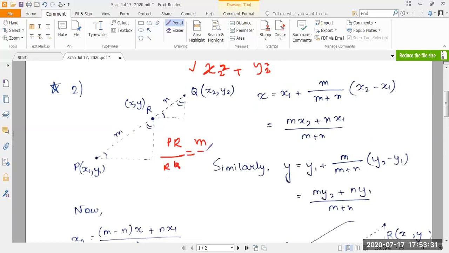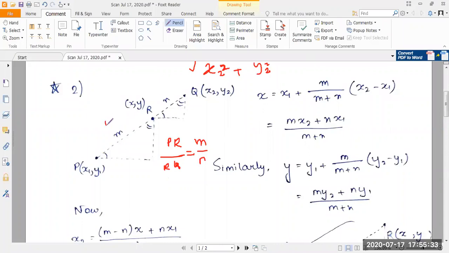So that is what we mean when we say R divides the line segment PQ internally in the ratio M:n. What we essentially mean is PR is M by M plus n of the distance between P and Q.